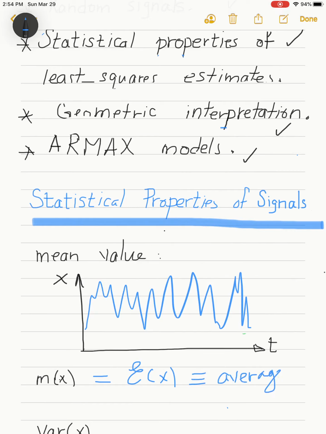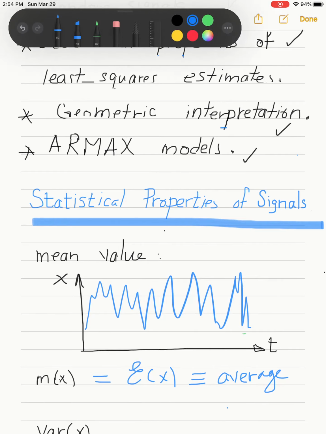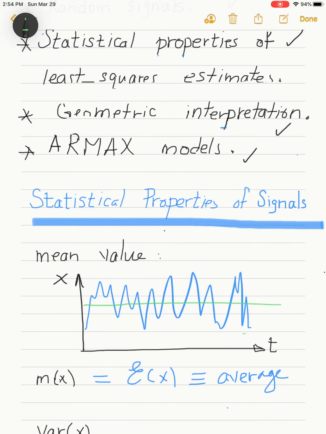However, this requires as an assumption that each point on the sequence will have the same probability of occurrence. So if this is true, we can take this value as the average value or the mean value.